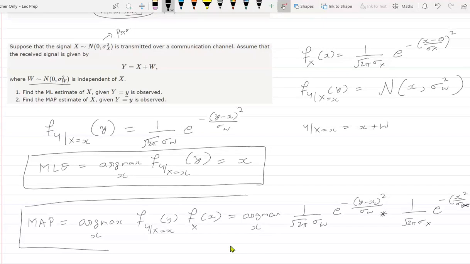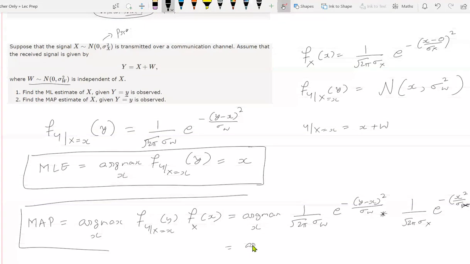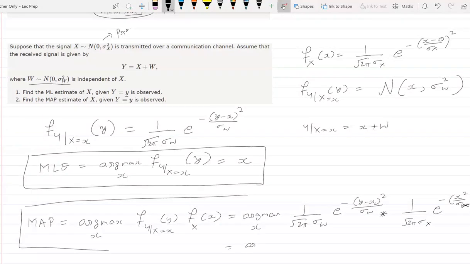If you look at this, it is argmax over x. These two things are constants, we don't need to worry about them. They don't depend upon x or y.